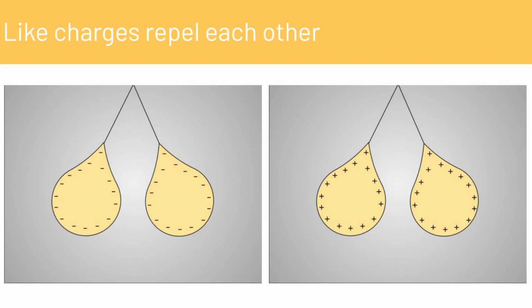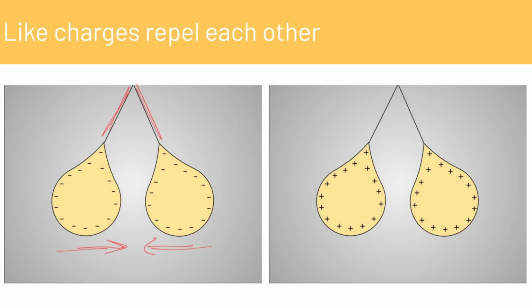And here's another example of like charges repelling each other. So we can think of these 2 objects as being balloons. So we have 1 balloon here and 1 balloon here, and these are both negatively charged. So both of these balloons have negative charges on them. And if the balloons were hanging from the ceiling by strings, as the balloons come closer to each other, the negative charges, because they're like, force the balloons away from each other.